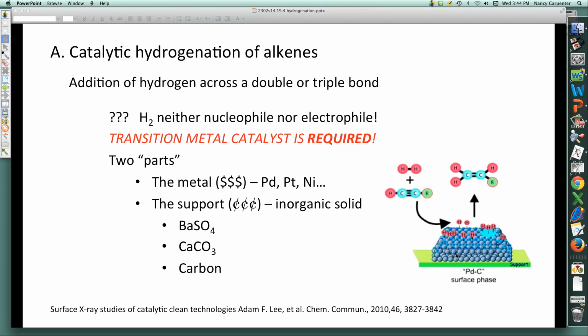Just a few atoms of your metal, and basically what happens is the hydrogen and your alkene or your alkyne adsorb onto the surface of the metal, and then almost like Tinker Toy chemistry, those hydrogens pop onto the double or triple bond and release the product from the surface.